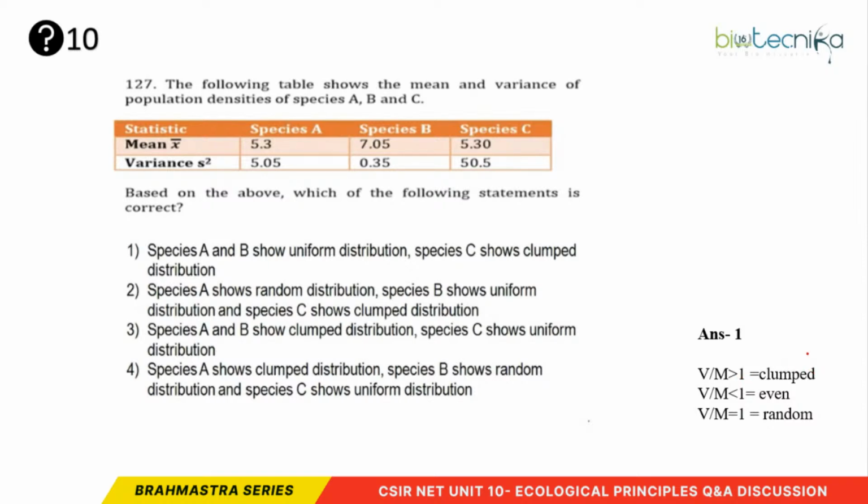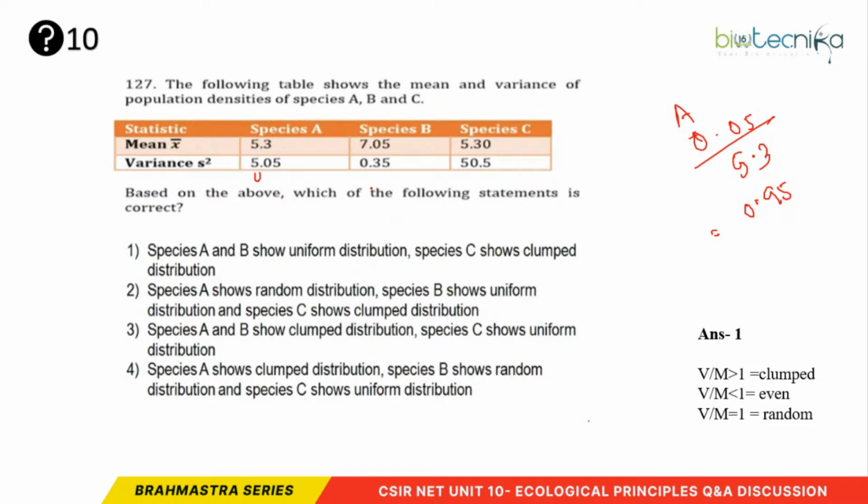If you do this, for species A, you have 5.05 divided by 5.3, it is coming as 0.95, okay, so 0.91, which is less than 1, closer to 1 but less than 1. So definitely this is uniform distribution or even distribution.